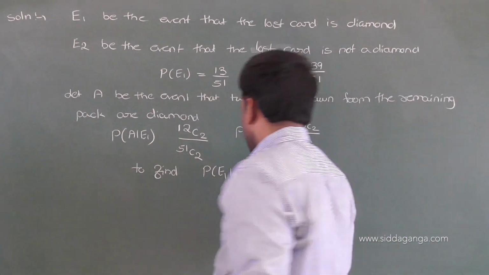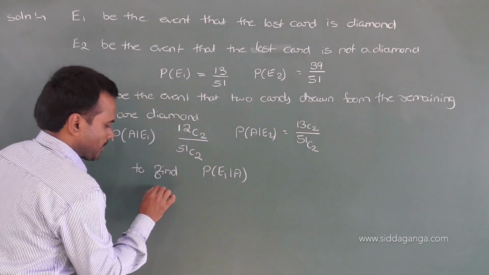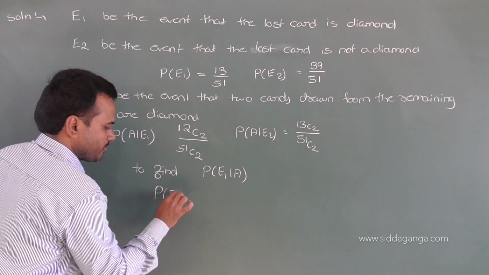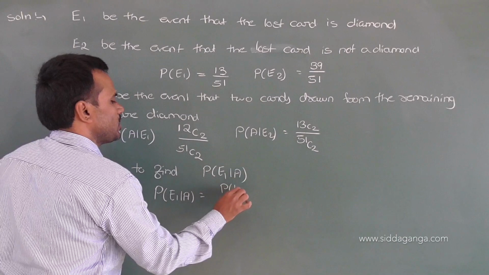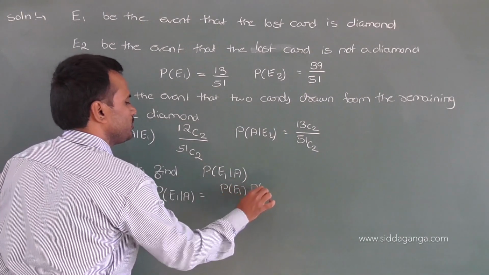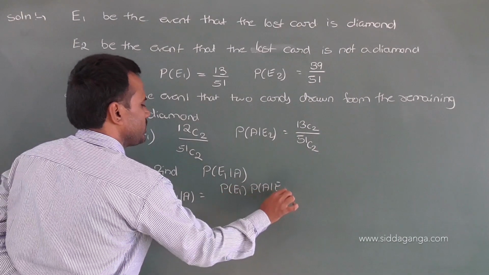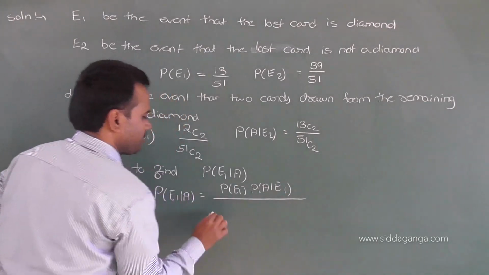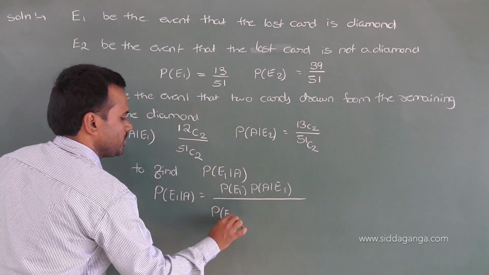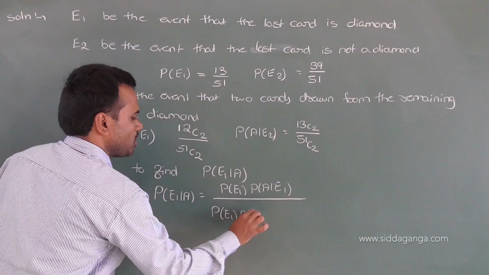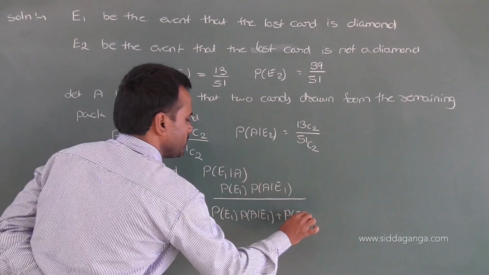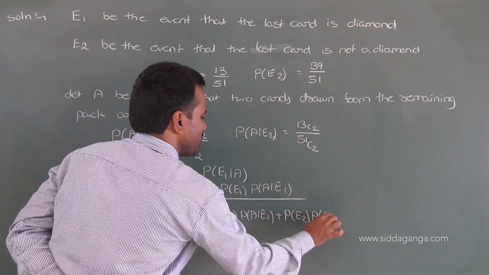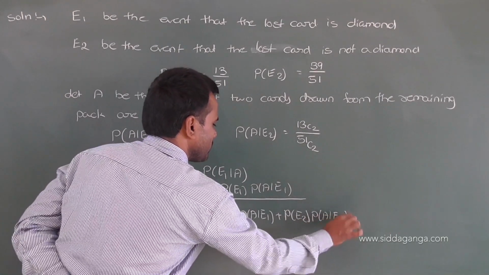According to the Bayes theorem, P of E1 given A is equal to P of E1 into P of A given E1 divided by P of E1 into P of A given E1 plus P of E2 into P of A given E2.